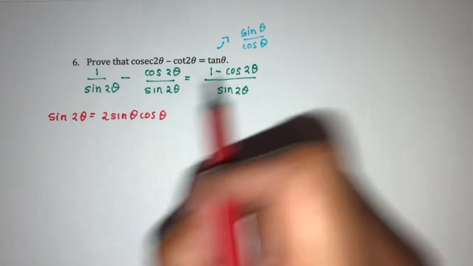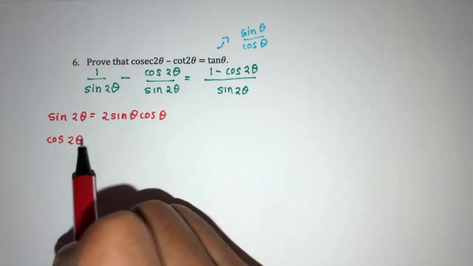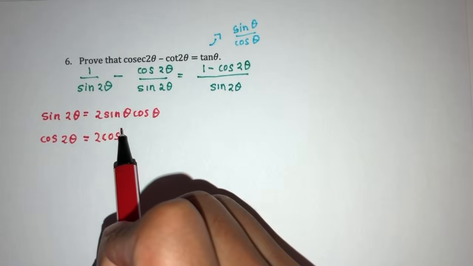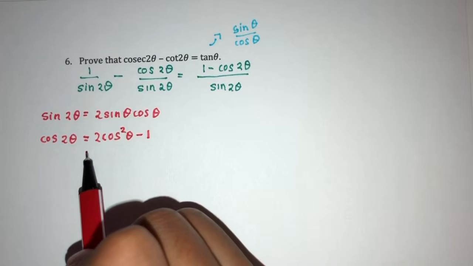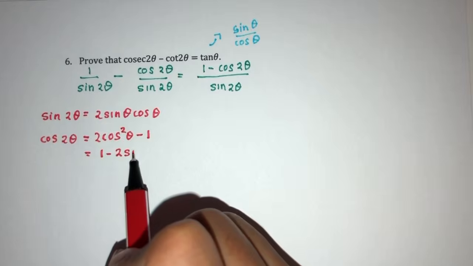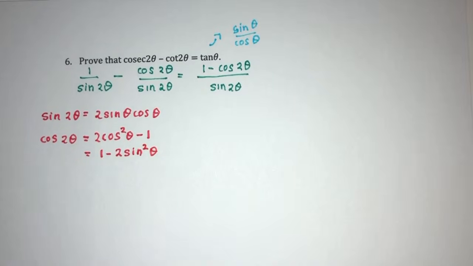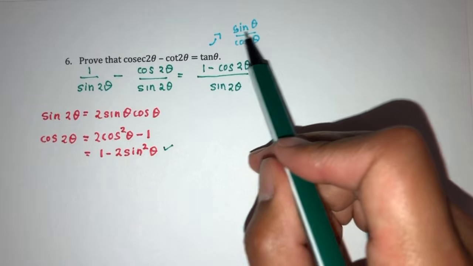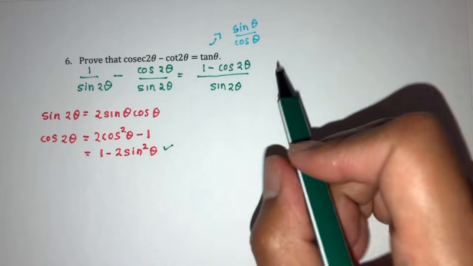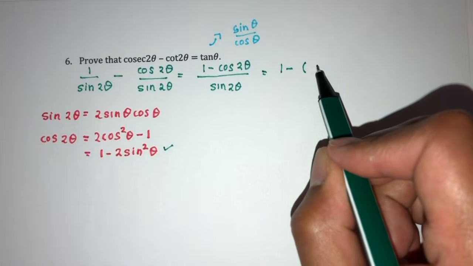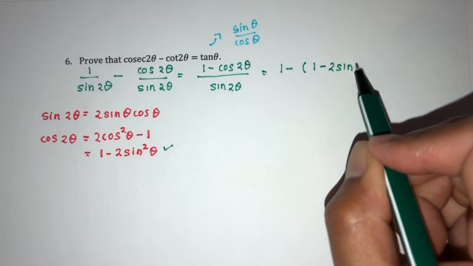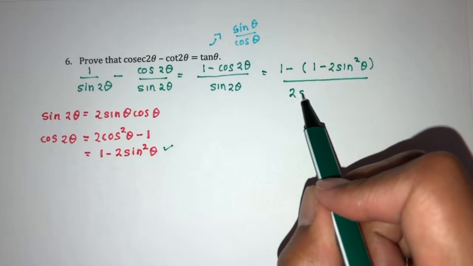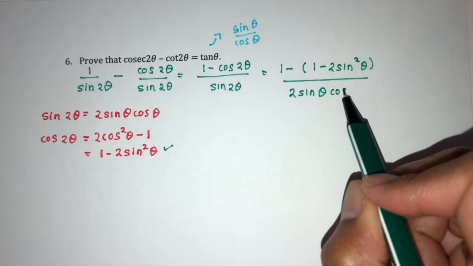And we also know that cos 2 theta is equal to 2 cos square theta minus 1, or that could be 1 minus 2 sine square theta. The reason why we choose this is because on top we need to have sine, so we have to change cos into sine. So cos 2 theta will be 1 minus 2 sine square theta, and the base will become 2 sine theta cos theta.